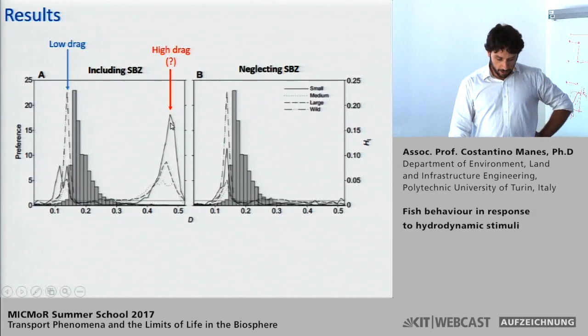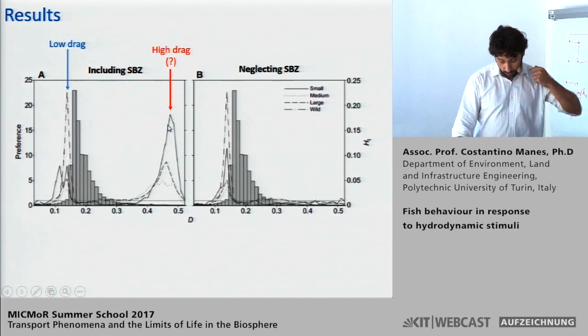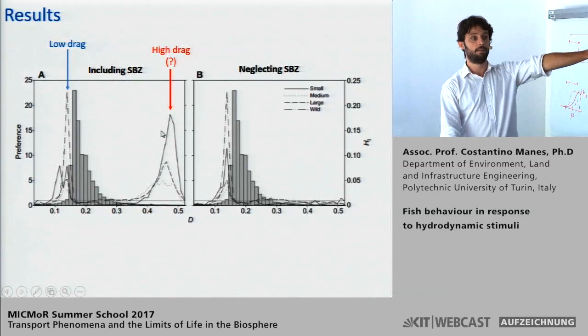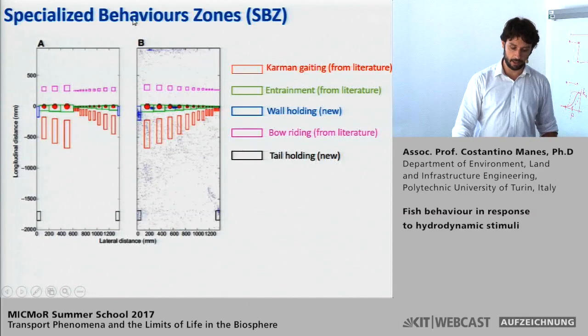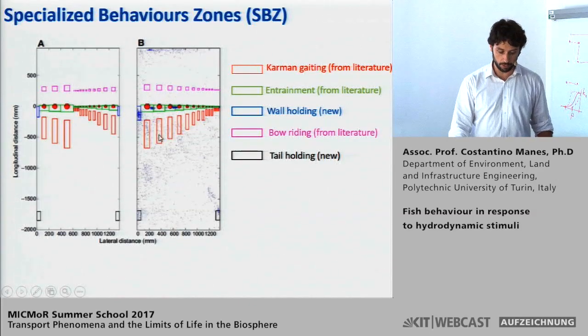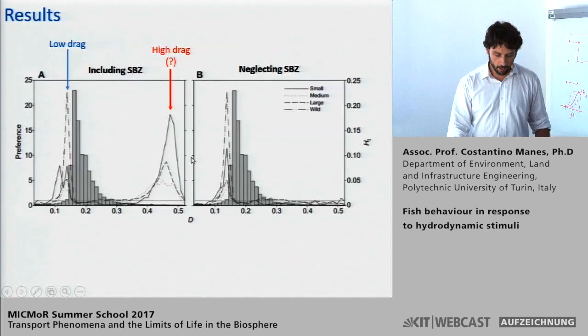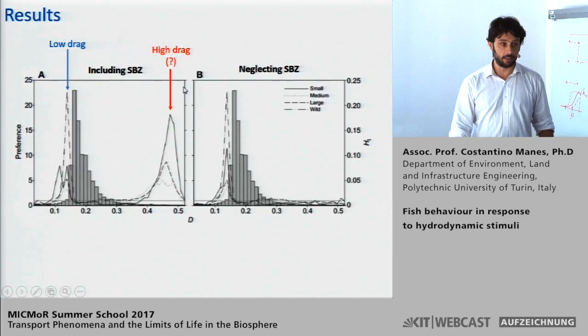This was surprising at the beginning, but then we decided to filter out all the points that belonged to these SBZ, the specialized behavioral zones. So we took out all the points belonging to these areas, and essentially this peak disappears.